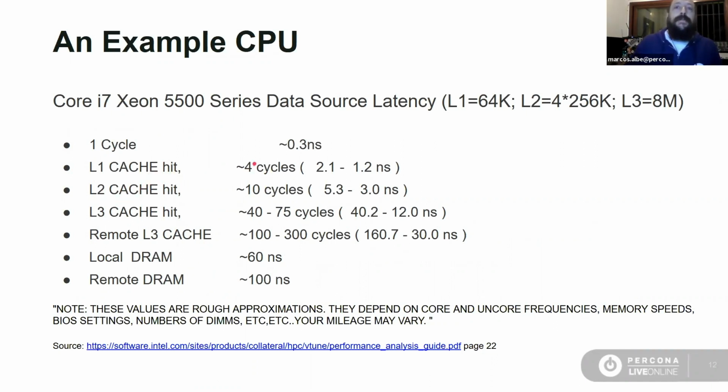So 4 cycles in a modern CPU are about 1 nanosecond, so a level 1 cache hit is about 1 nanosecond, give or take. And this takes us to the importance of level 1 and level 2 hit ratios.